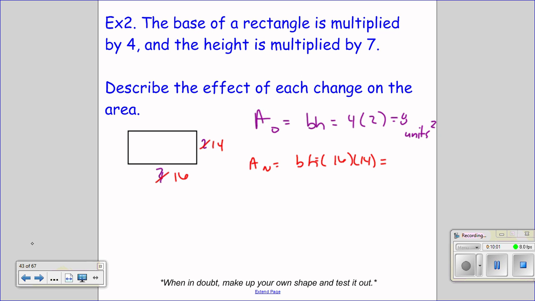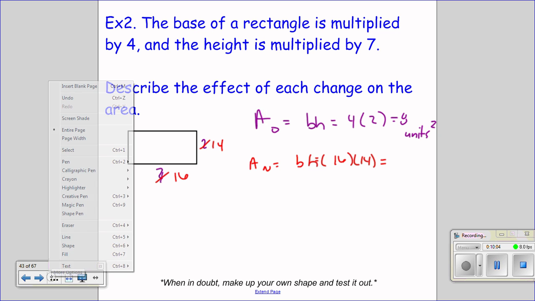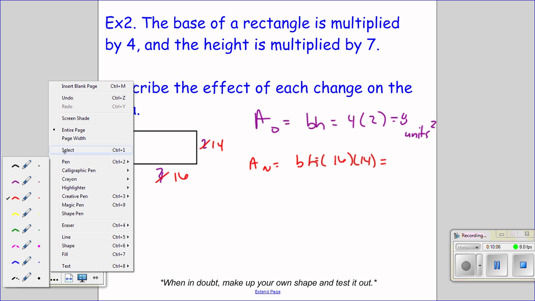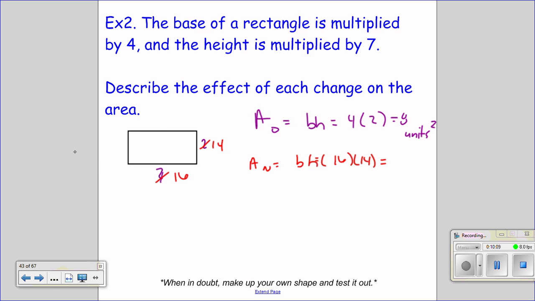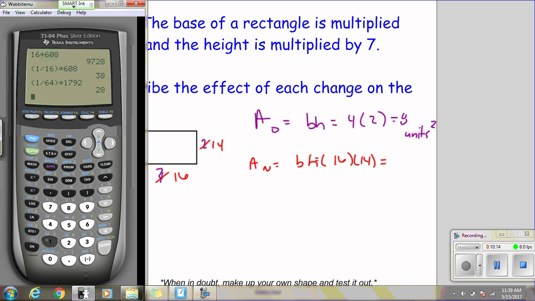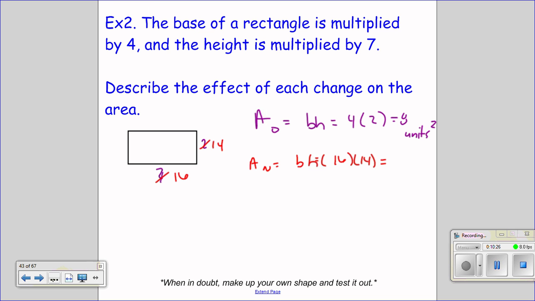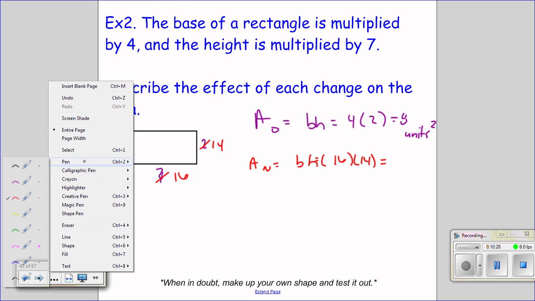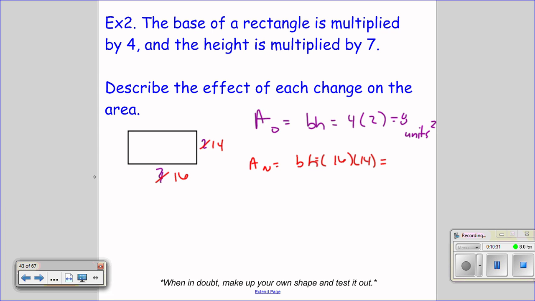And let's grab our calculator to calculate this. 224. So 224 units squared.